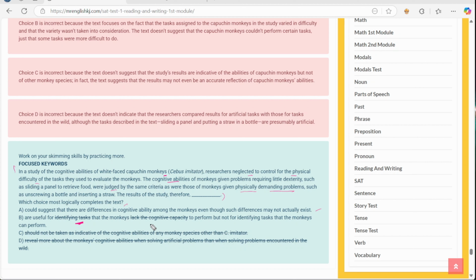Again, they did not identify any task. Lack of cognitive capacity, they did not say anything at all. So obviously wrong. Should not be taken as indicative of the cognitive ability of any monkey species other than the capuchin. Again, they did not compare them that well. Reveal more about monkeys' cognitive ability when solving artificial problems than solving problems encountered. No, they did not talk about it at all. So overall, they did not mention anything and they gave a vague answer.